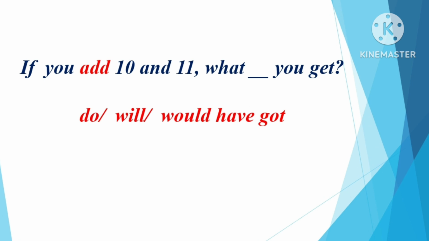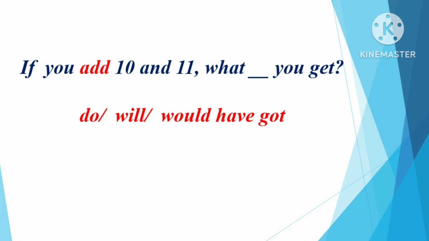The options are: do you get, will you get, would you get? I think "do" is the appropriate answer. So, if you add 10 and 11, what do you get?